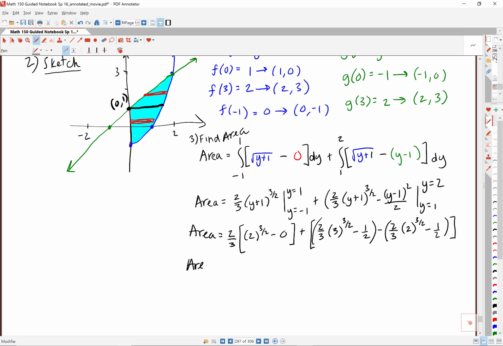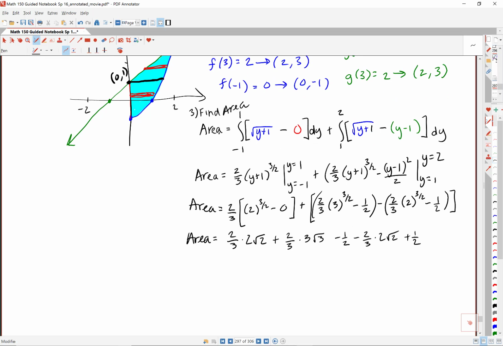Continuing, we have 2/3 times 2√2, that's 2 to the 3/2, plus 2/3 times 3√3 minus 1/2 minus 2/3 times 2√2, and then plus 1/2.